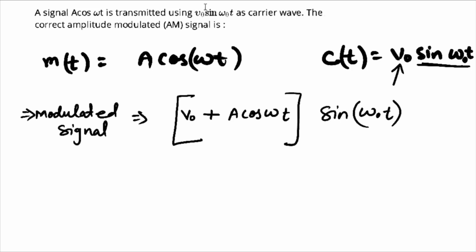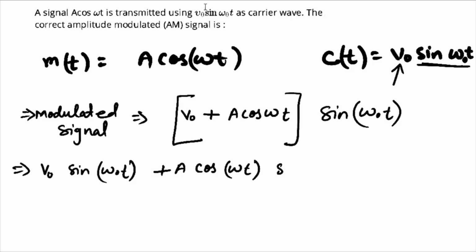So we can see that when we multiply, it will be equal to V naught sine of omega naught t plus A cos of omega t sine of omega naught t.